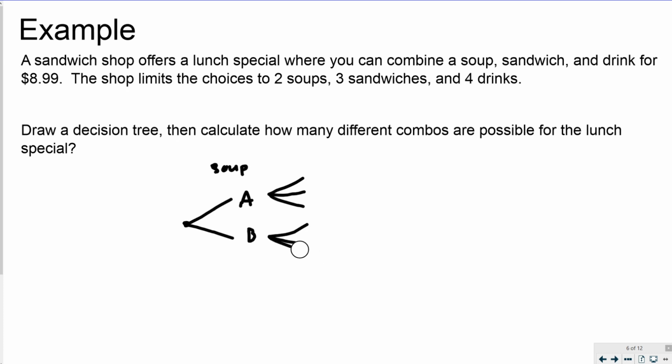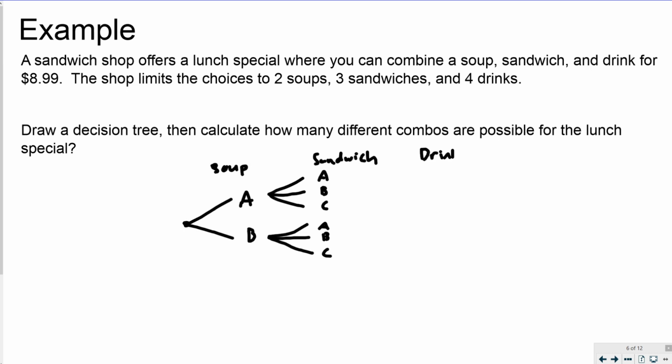I'm going to erase and redraw those. The next choice we have to make is a sandwich. So we have either sandwich A, sandwich B, or sandwich C for both soup A and soup B. And then we have 4 different drinks, so we still have to pick our drink to complete the special.